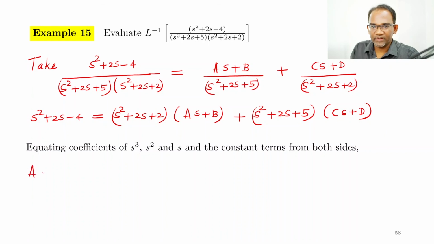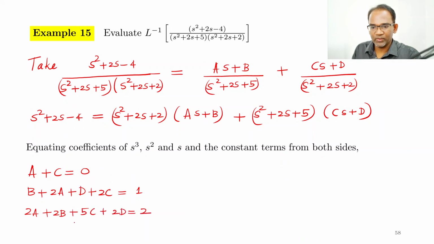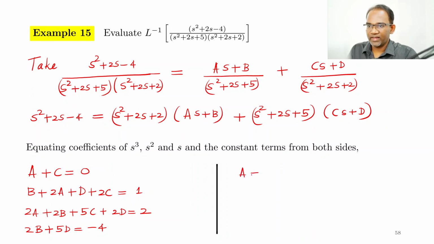When we do that, we'll get a plus c equal to 0, then b plus 2a plus d plus 2c equal to 1, then 2a plus 2b plus 5c plus 2d equal to 2, then 2b plus 5d equal to negative 4. And from here, we'll get a equal to 0, b equal to 3, c equal to 0, and d equal to negative 2.